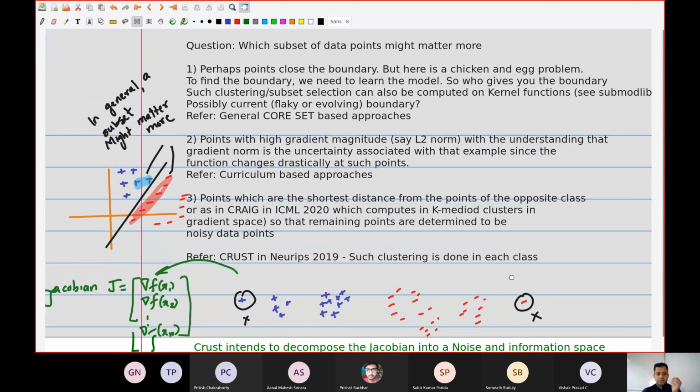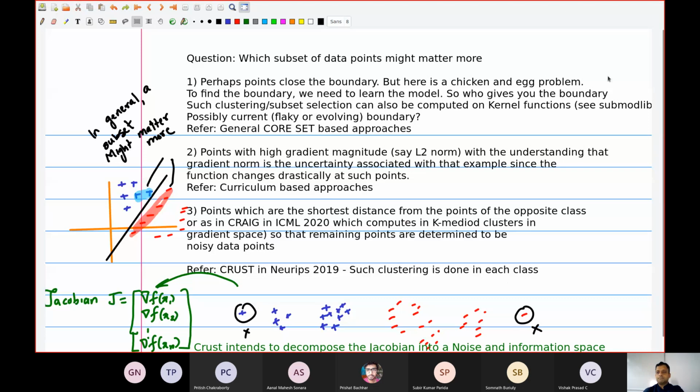Let me give you an idea what GradMatch does. Let me take the example of GradMatch. We say I want a subset, min over the subset of the data points x, let's say training data points, and also min over w.